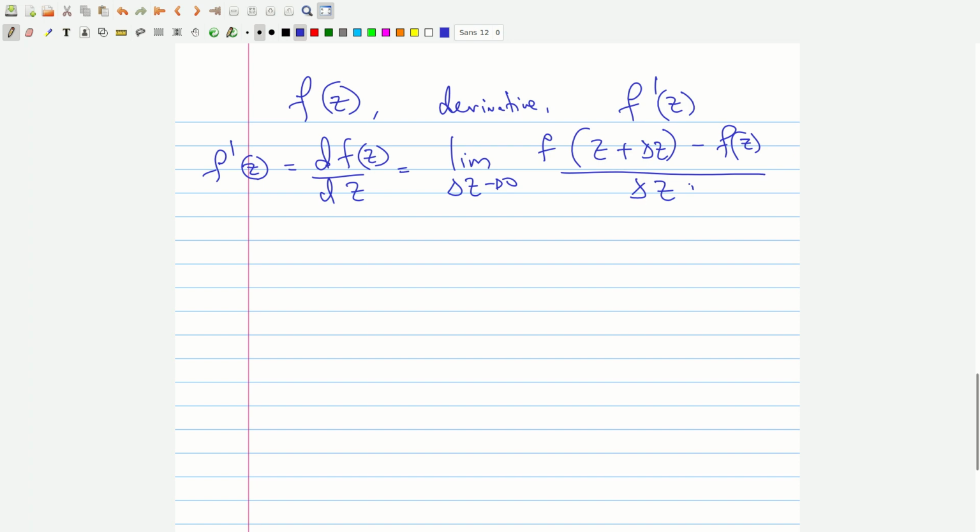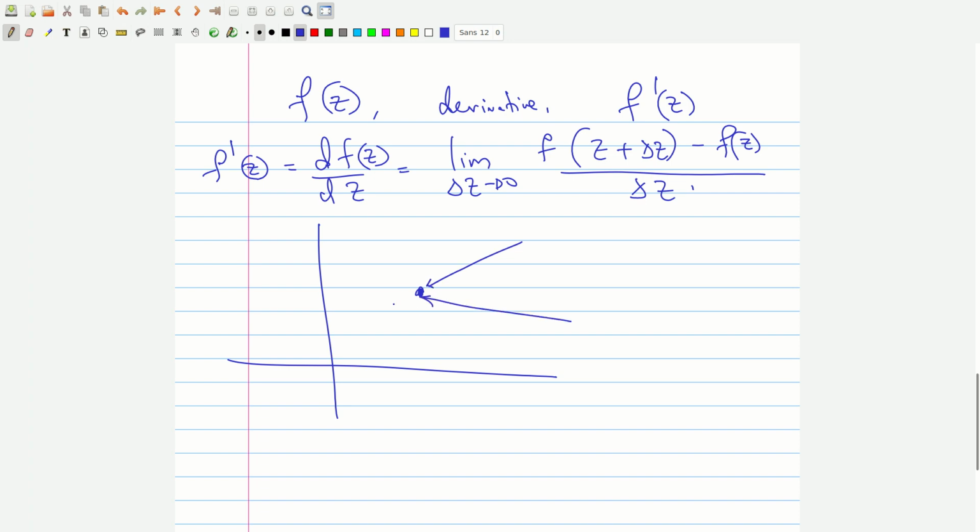Also, the limit as delta z approaches 0 should be equal from whatever direction. Since the complex numbers are defined in a plane, it does not make sense to say that delta z approaches 0 either from the left or from the right.